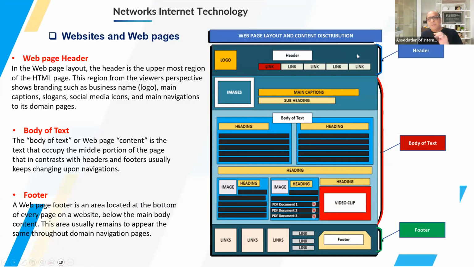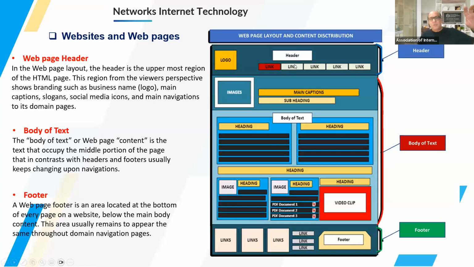So typically, a content page or a web page has three different portions. The layout is such that there is one portion called the header that contains the logos, the top navigations and all those that you see that remains constant.